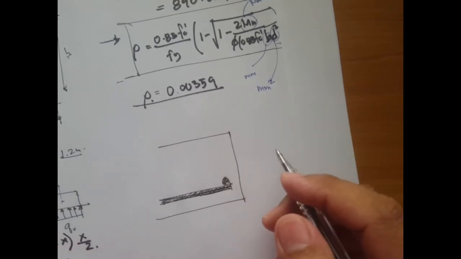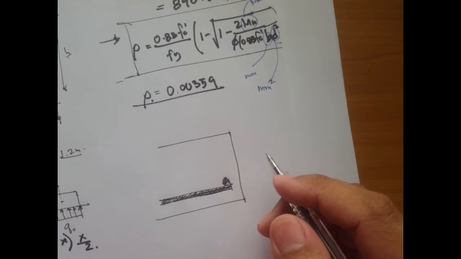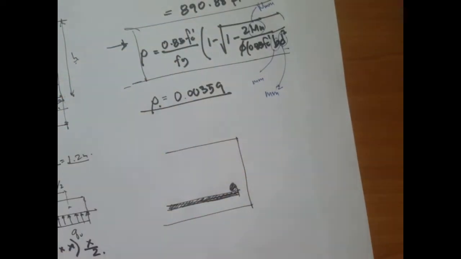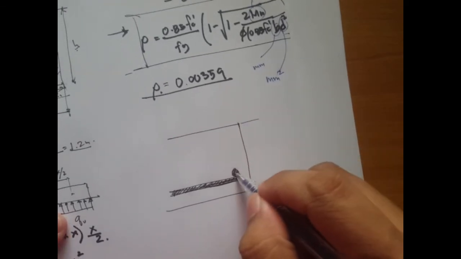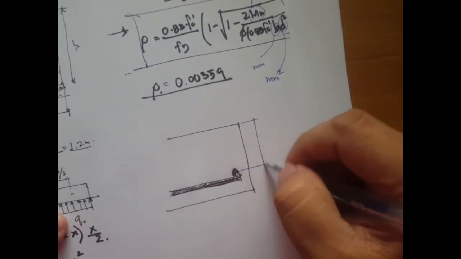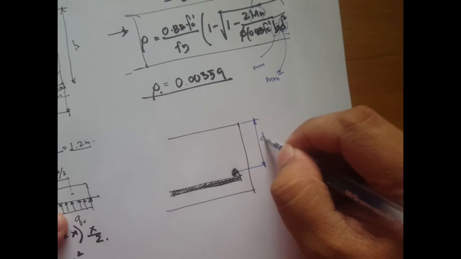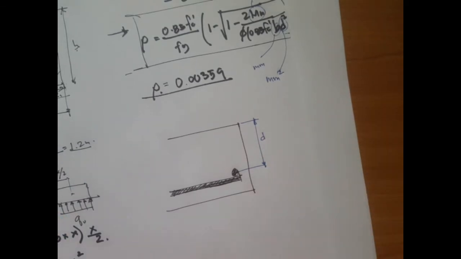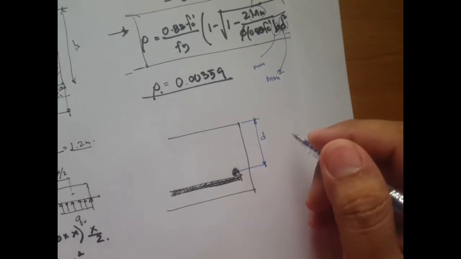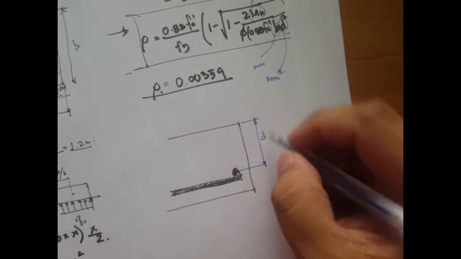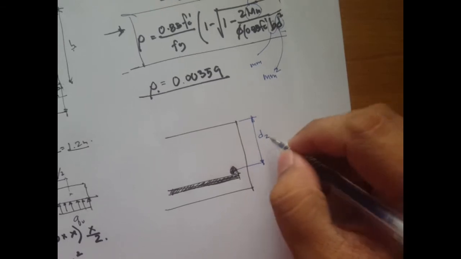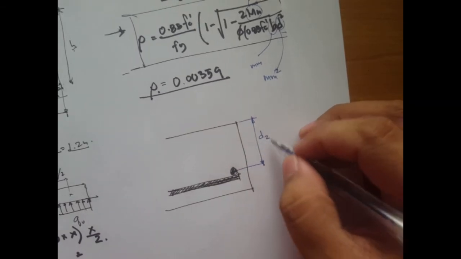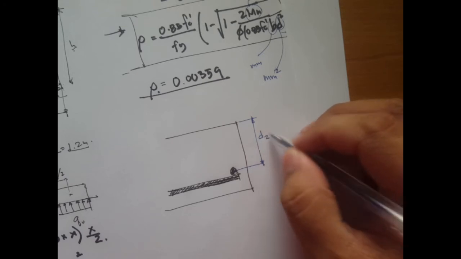The one that we solved from shear is from the top face to the centroid of the top bar. So that's our D. We solved for the one-way shear and two-way shear, and the maximum value that we got is the two-way shear. So that's our D here.